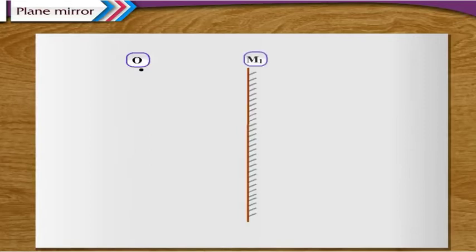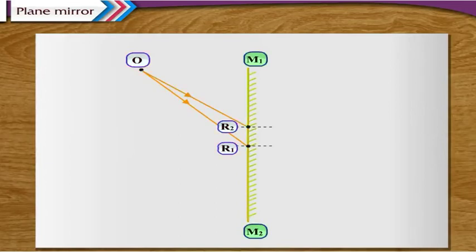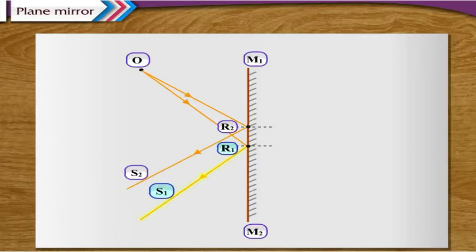Let us consider a point source O placed in front of the plane mirror M1, M2. Let rays OR1 and OR2 be incident on mirror M1, M2. According to the laws of reflection, the incident rays get reflected along paths R1, S1 and R2, S2 respectively.